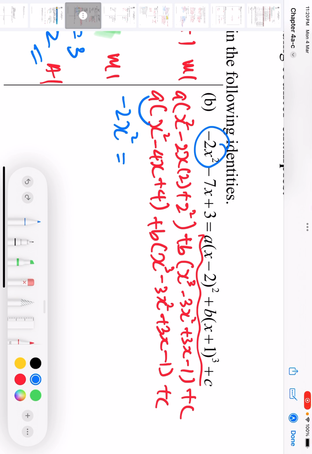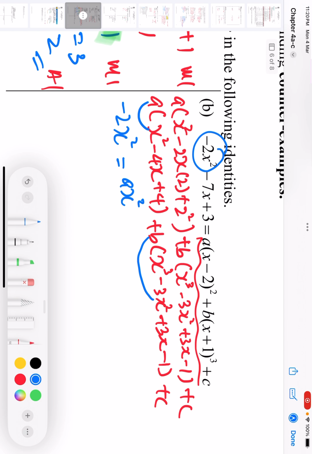So only a times x squared gives me ax squared. How about b? b times x cubed doesn't give me x squared. b times negative 3x squared gives me negative 3bx squared. If I multiply by any others, it doesn't give me what I want.